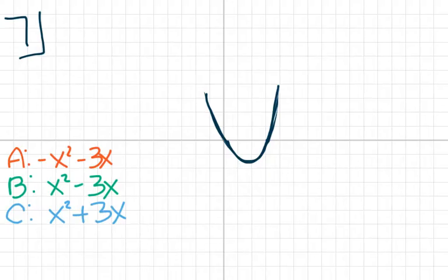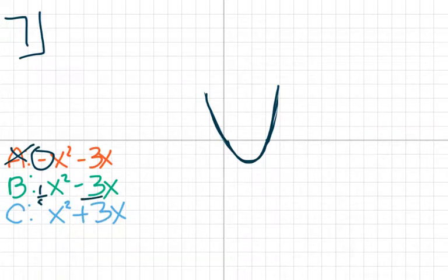So for number 7, it wants us to match each graph with its function. So over here we see that this is a positive parabola. It's going up, so we can cross out A because it has a negative right here. Okay, and now we want to figure out what the axis of symmetry is. So for B, a is 1, and b is negative 3.